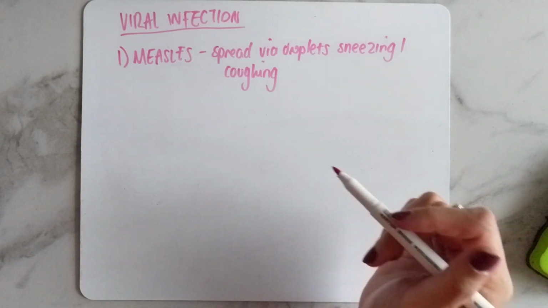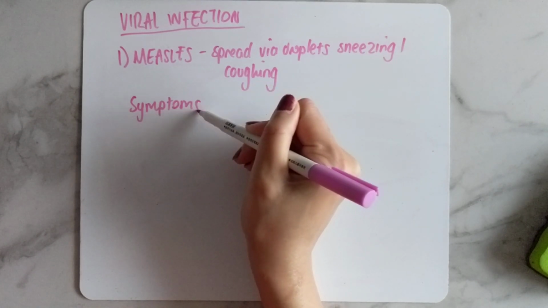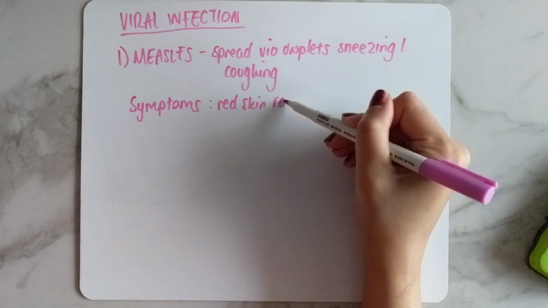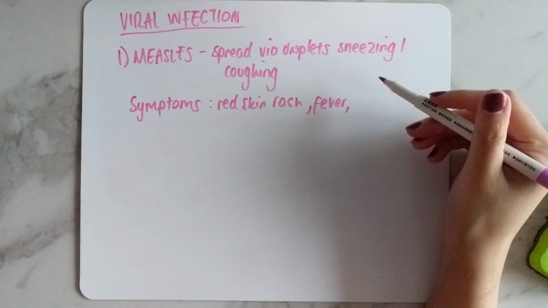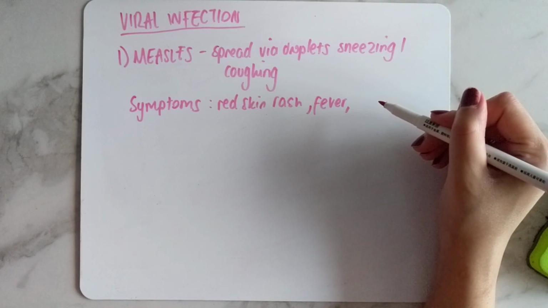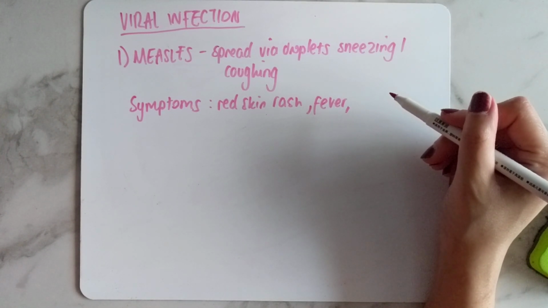So the symptoms here to look out for with measles is getting a red skin rash, fever, and this is quite an extreme infection.